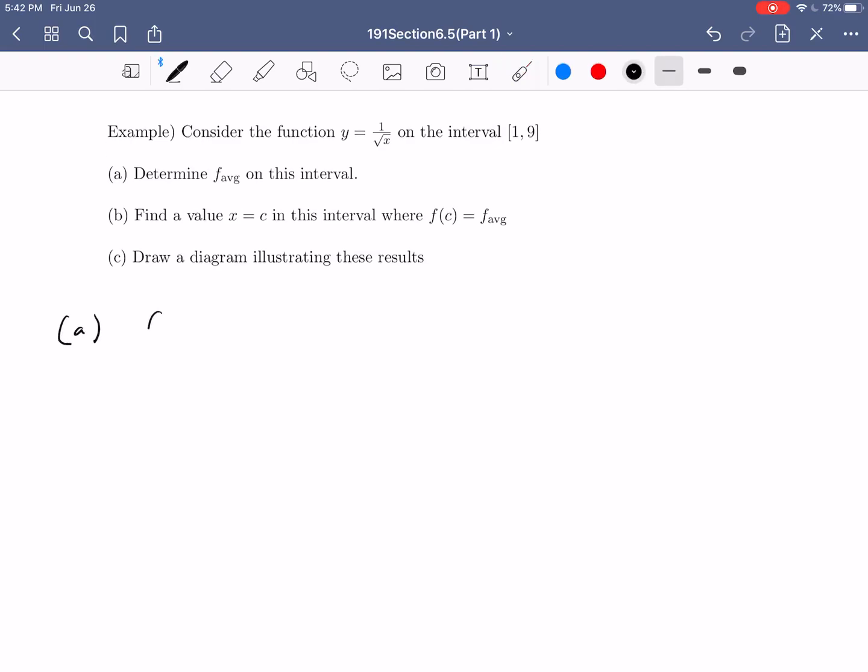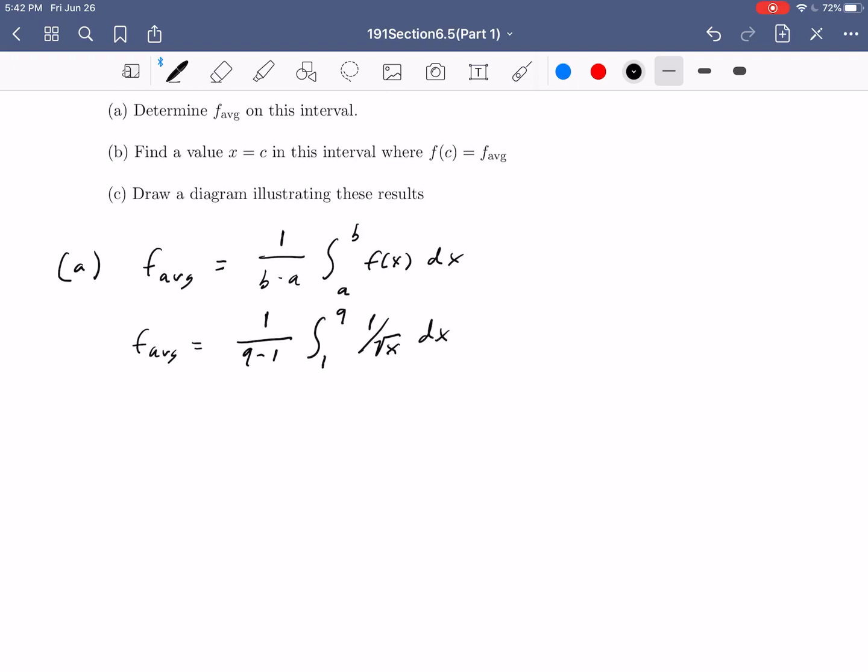Should be pretty straightforward using our formula. The f average should be 1 over b minus a, integral from a to b, f of x dx. In this case, f average is 1 over, since we're going from 1 to 9, 9 minus 1, integral from 1 to 9, and our function is 1 over square root of x dx. Not bad at all. Now we just need to do this.